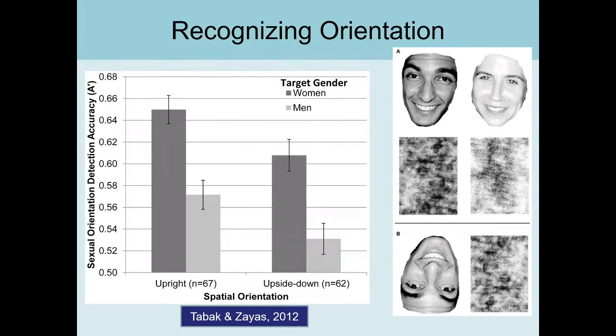Upside down produced poorer performance than right side up faces. But everybody's above chance, and I think we can argue that especially for the female faces, it's significantly above chance. They were accurately detecting the sexual orientation at much better than chance level. It was not perfect. There were errors being made, but above the chance level.